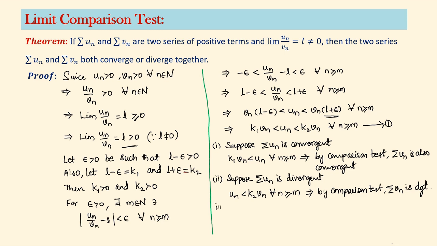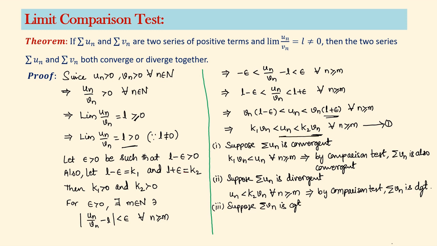So third case, suppose now summation Vn is convergent. So what we have to consider now is that Vn is convergent, and we have to show that Un is convergent.